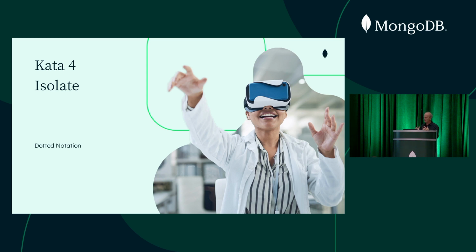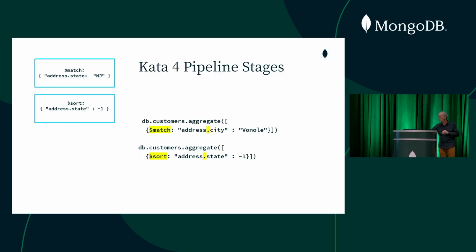In terms of isolating a particular piece of a field, sometimes I will have a document that contains a customer, and the customer has an address field, and in the address there's city, state, zip, country, stuff like that. If I want to address items within it, I can just use the dot notation.